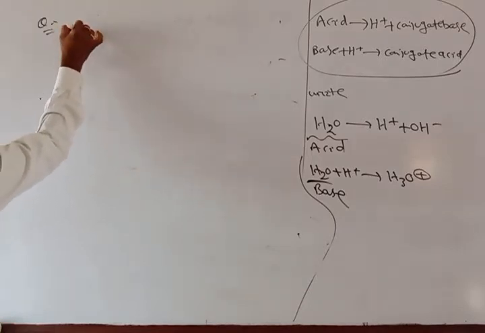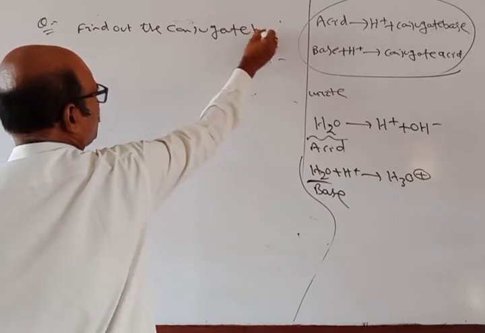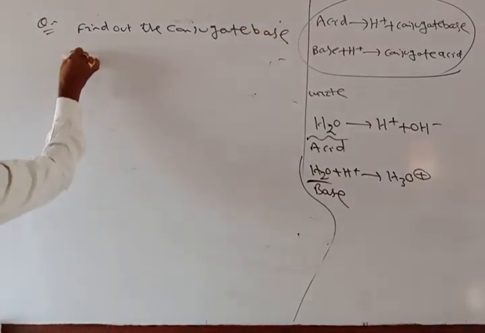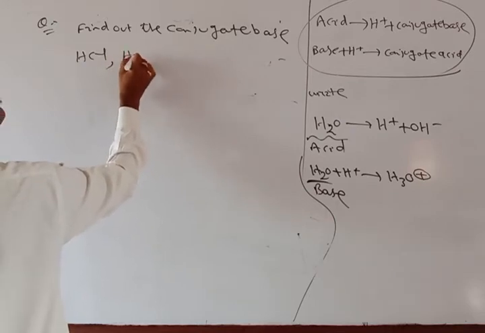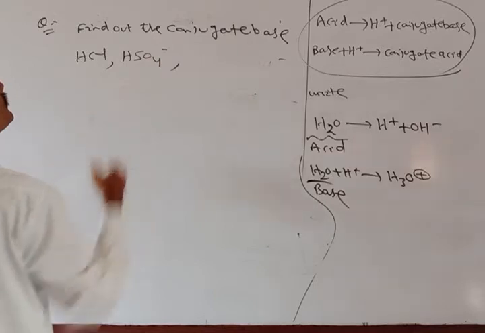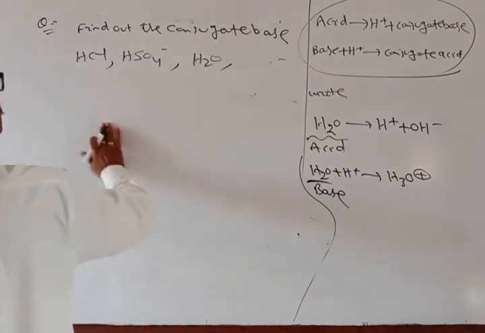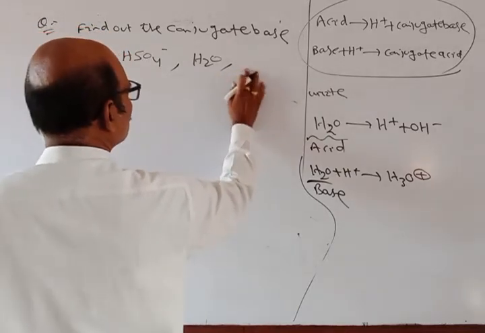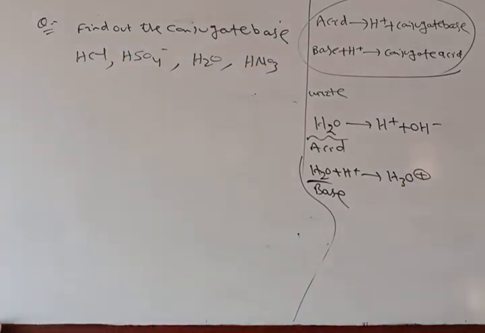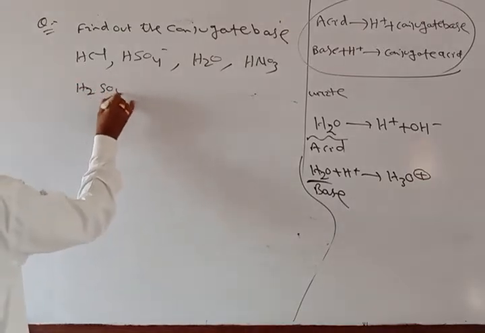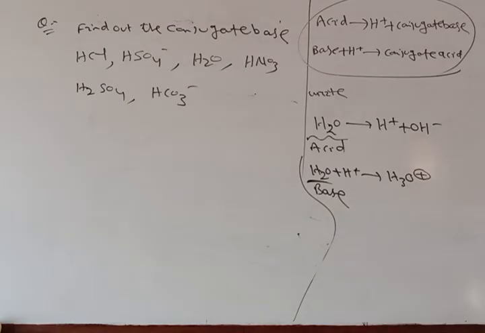Question: find out the conjugate base of HCl, HSO4 minus, H2O, HNO3, H2SO4, HCO3 minus.